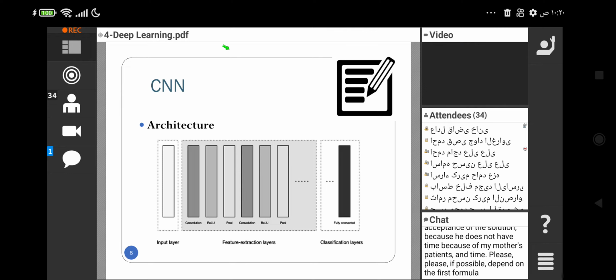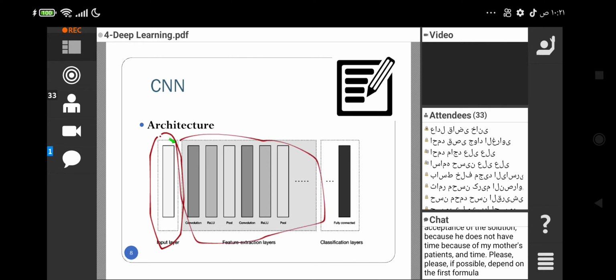Okay, the CNN architecture is like this. This is the general architecture of the CNN. Here is the input layer. Here we have the feature extraction layers, and then we have the classification layers.